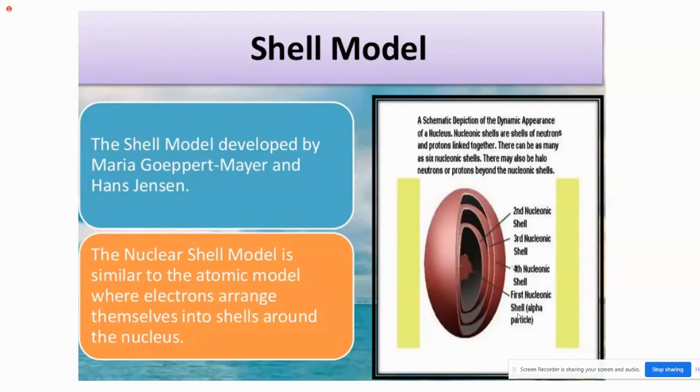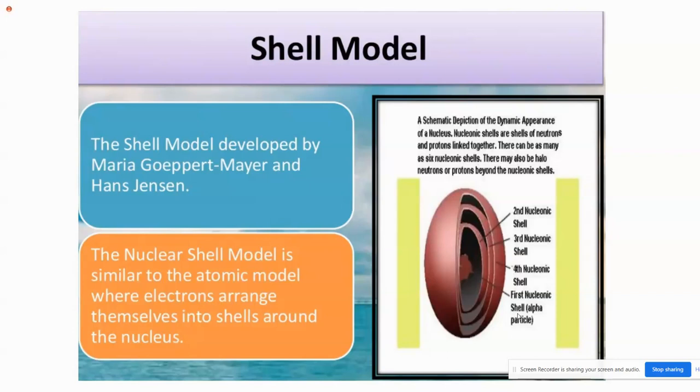Just like that, just like electrons, we say that they are revolving in a particular orbit. So the neutrons and protons are arranged in a particular manner, pairwise. I have just shown you they are arranged pairwise: 2 protons, 2 neutrons, 2 protons, 2 neutrons, like this.